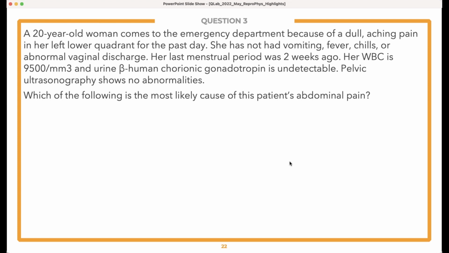Her last menstrual period was 2 weeks ago. Her white blood cell count is 9,500 and urine beta human chorionic gonadotropin is undetectable. Pelvic ultrasonography shows no abnormalities. So again, the question, which of the following is the most likely cause of this patient's abdominal pain?